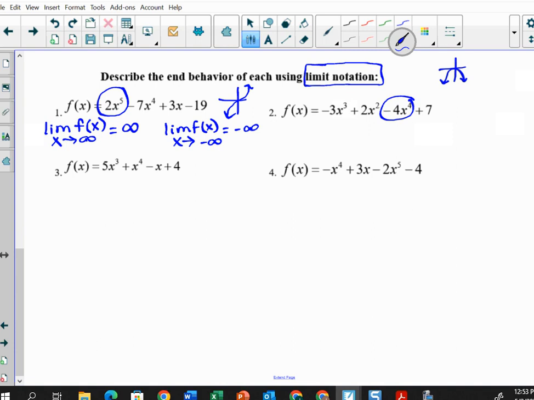These take longer to write the limit notation than it does to actually think about and answer the question. So you have to write the limit of f of x as x approaches infinity. We said that's negative infinity. And then the limit of f of x as x approaches negative infinity is also negative infinity.